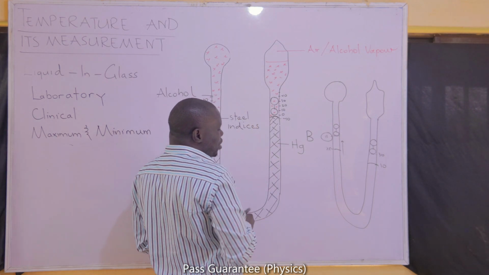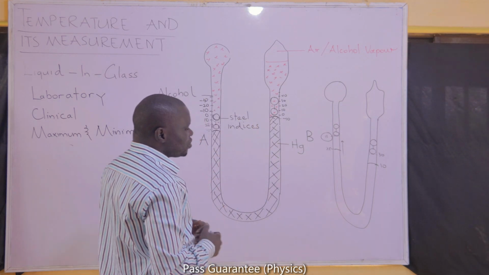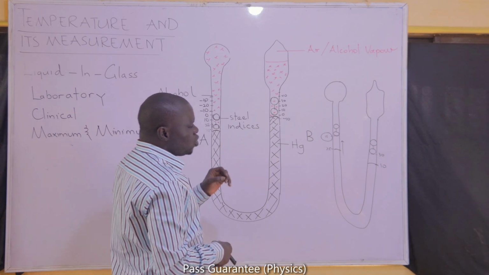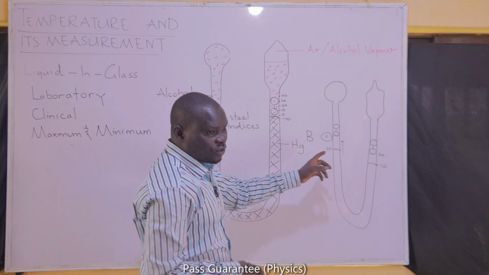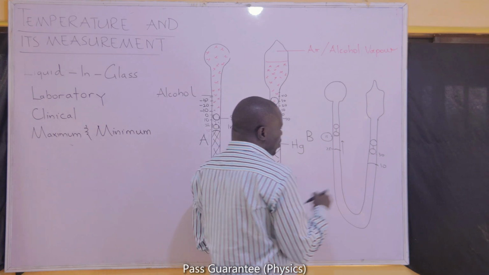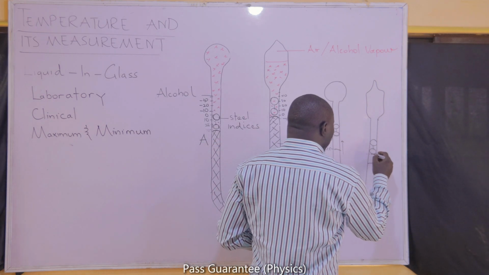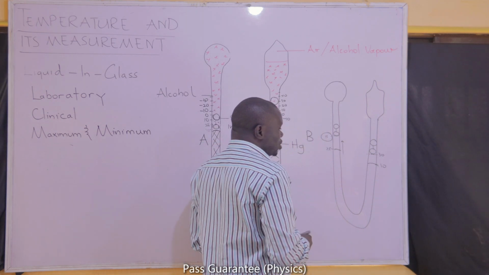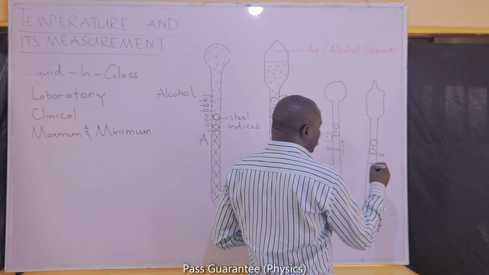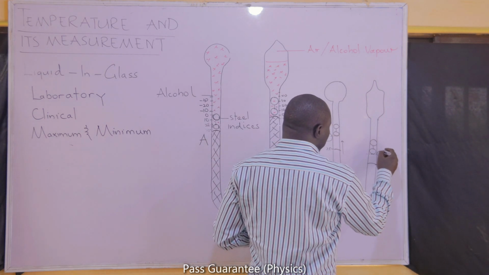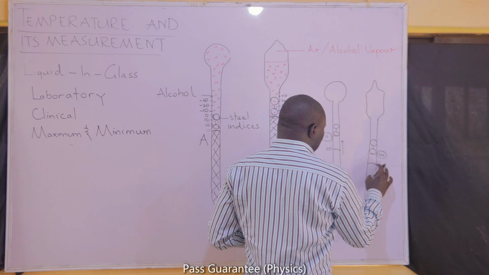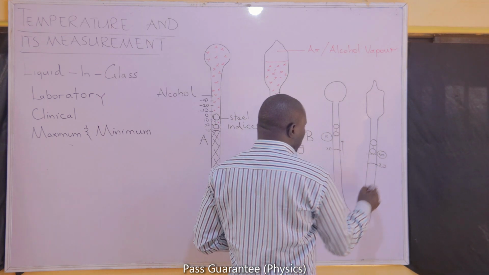It means at a point during that particular period of observation, the lowest temperature recorded was 15 degrees Celsius. And at a point during that period of observation, the highest temperature was 30 degrees Celsius.